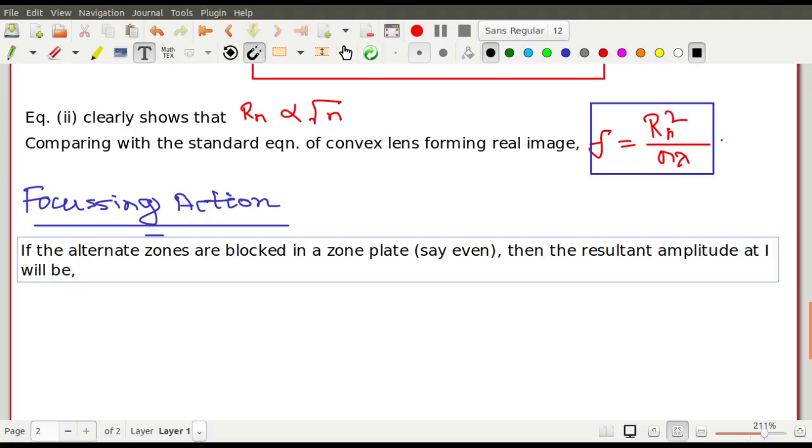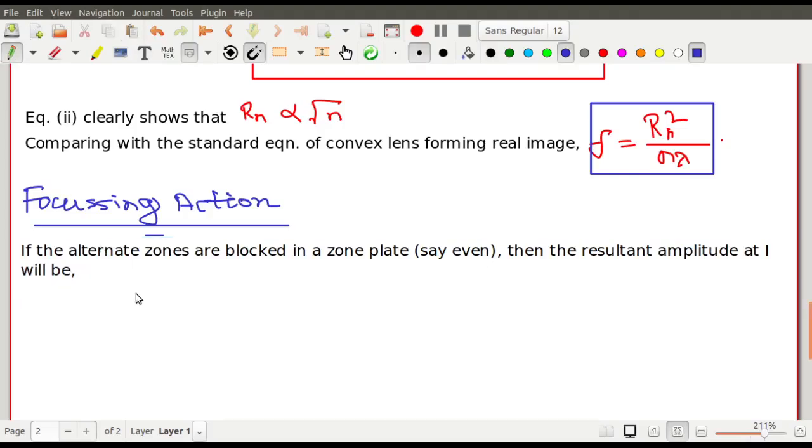That will be given by A equals A1 plus A3 plus A5 plus dot dot dot. That is the concept of the zone plate. This is the concept of the half period zones, and the even zones are just omitted from here. So even zones have been omitted from here.